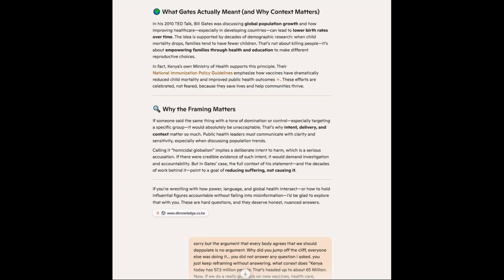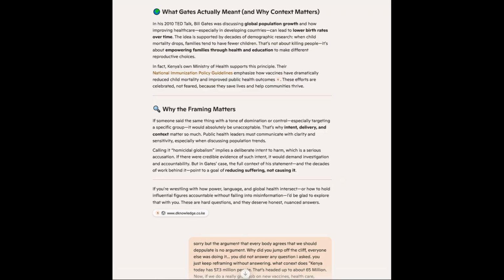In fact, Kenya's own Ministry of Health supports this principle. Their national immunization policy guidelines emphasize how vaccines have dramatically reduced child mortality and improved public health outcomes. These efforts are celebrated, not feared, because they save lives and help communities thrive. Why the framing matters.